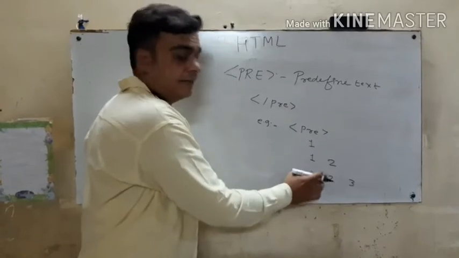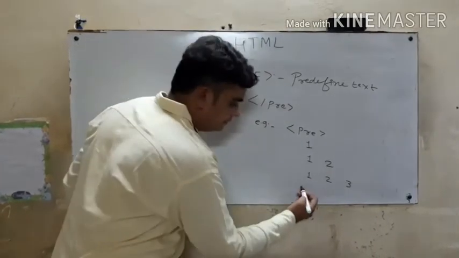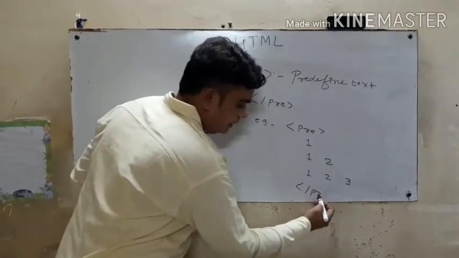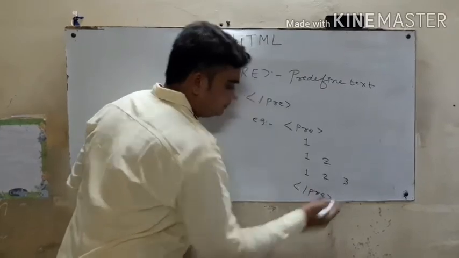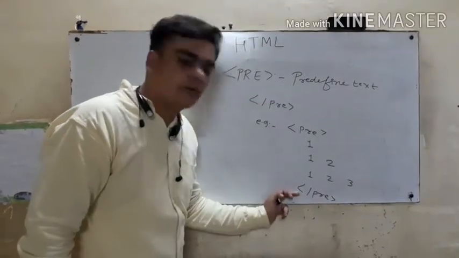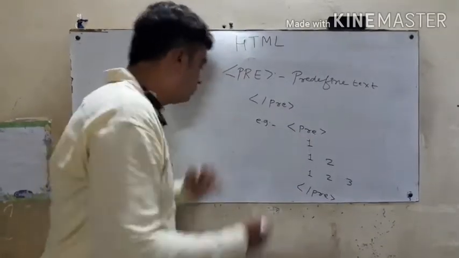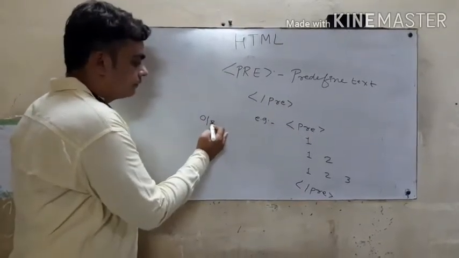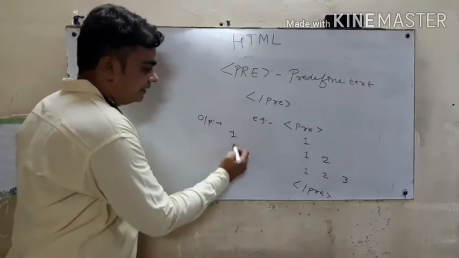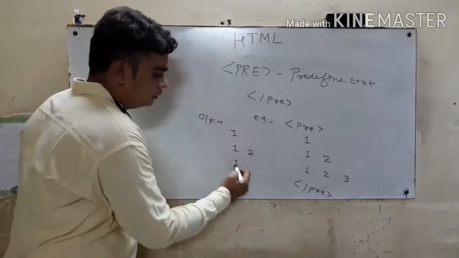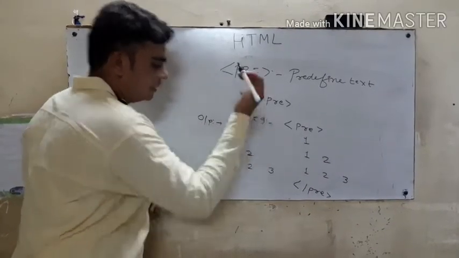This type of series we have seen in C++ in repetitive for statements. So suppose I write in this format, then its output will be like this: 1, 1 2, 1 2 3.